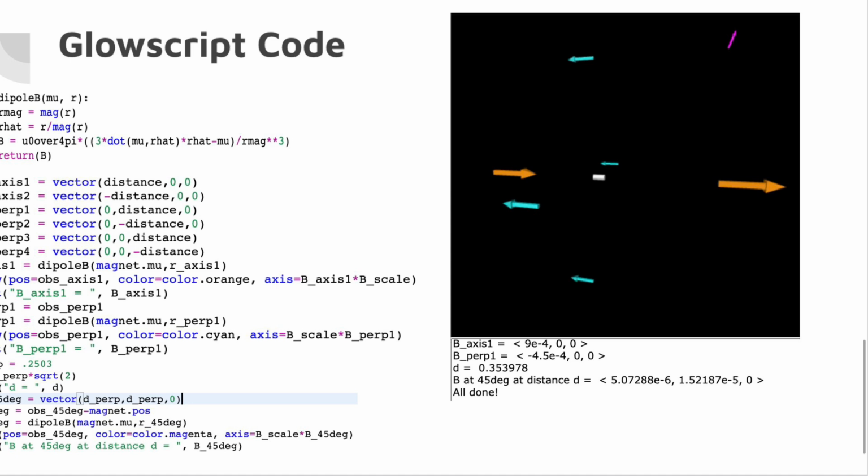And here you can see the arrows being created as well, the white being the bar magnet at the origin, and the orange being the observation on axis 1 and 2, and the cyan being the arrow on the perpendicular axis, and then the magenta being the observation at the 45-degree angle.